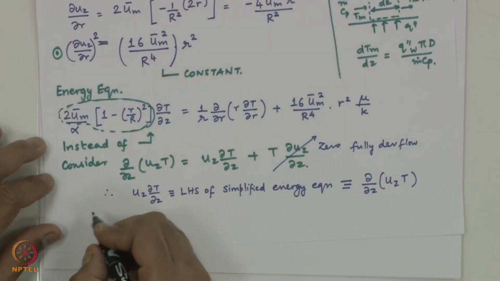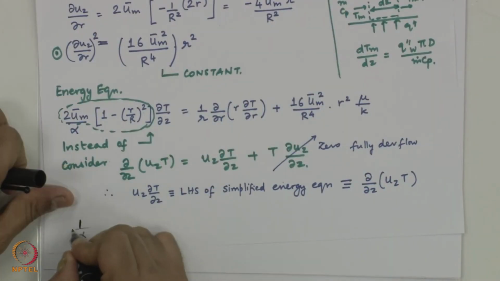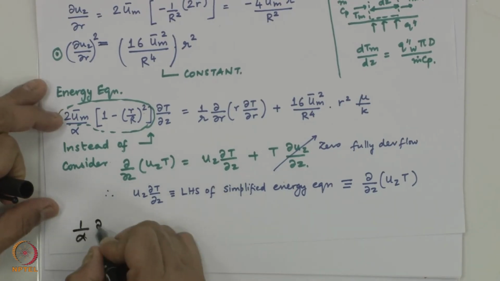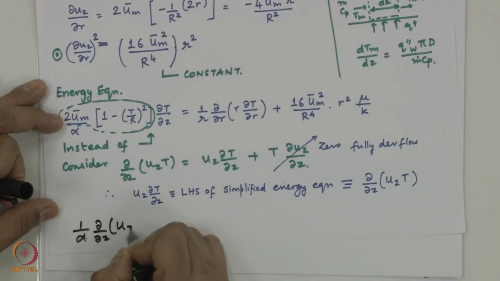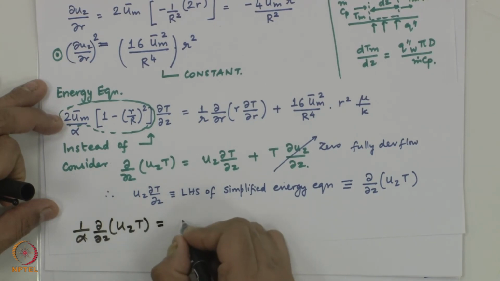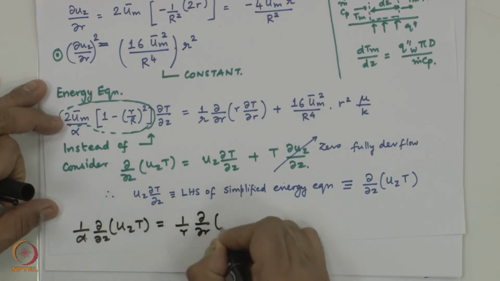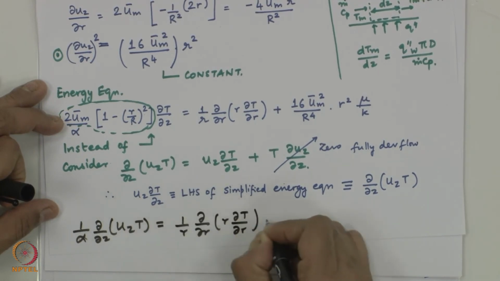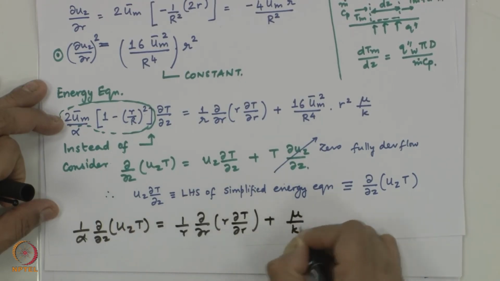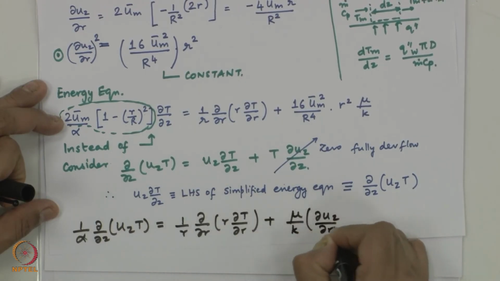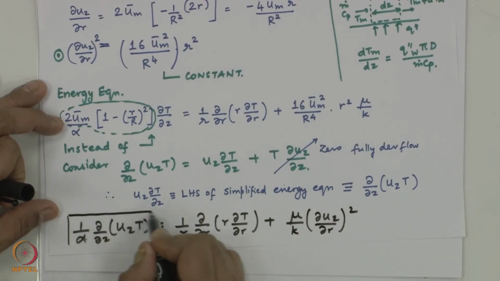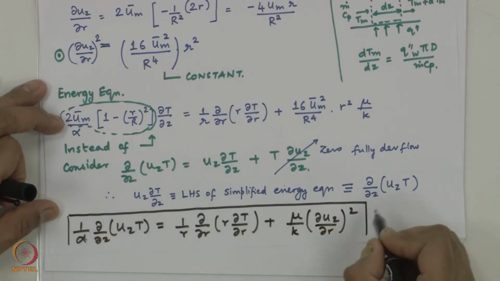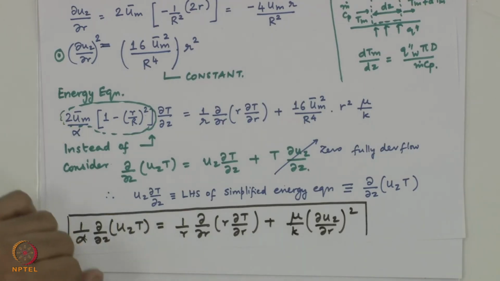So, my energy equation becomes 1 by alpha d by dz of (u_z T) is equal to 1 by r d by dr of r dT by dr plus mu by k (du_z by dr) squared. So, I have modified only the left hand side, keeping the right hand side the same, with this simple modification.